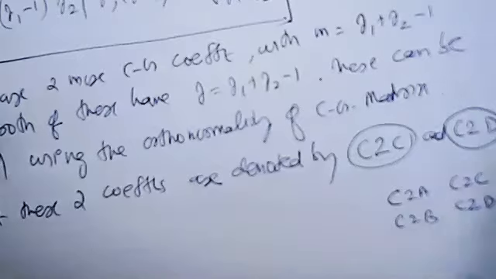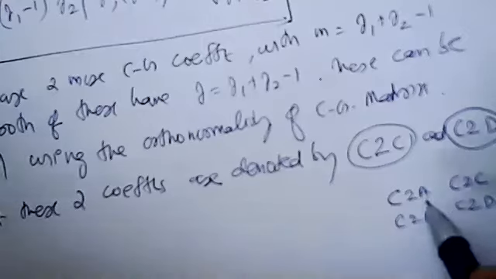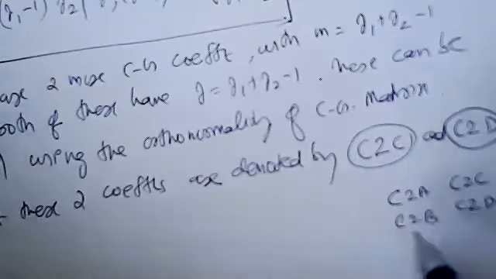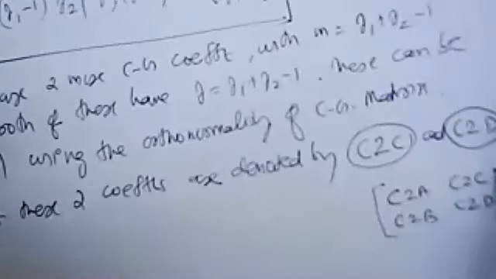There will be many other terms. So this is one block out of the block diagonal form, one block of the whole Clebsch-Gordan matrix.